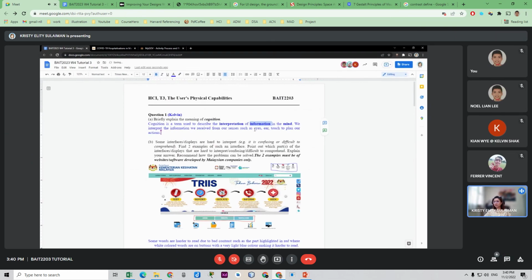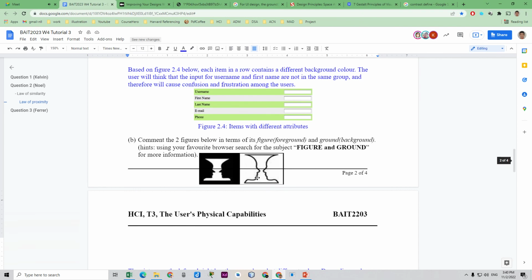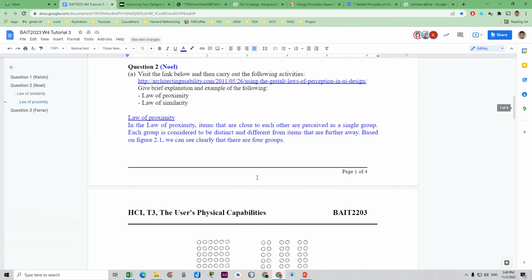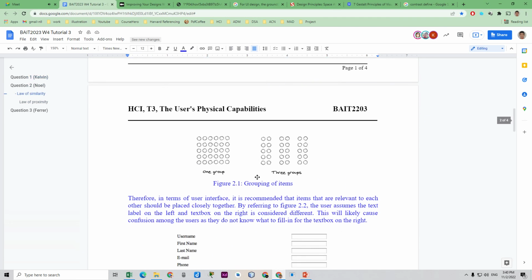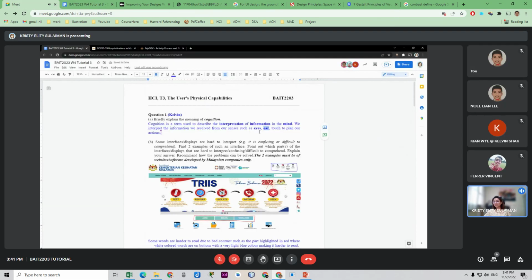So we interpret the information we receive through our senses, like our eyes, vision, our ears, audio, and then touch, to plan for action.